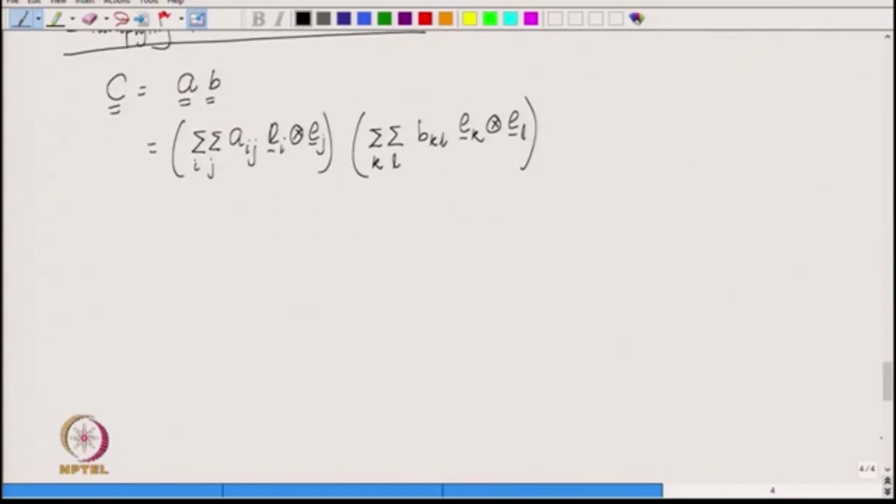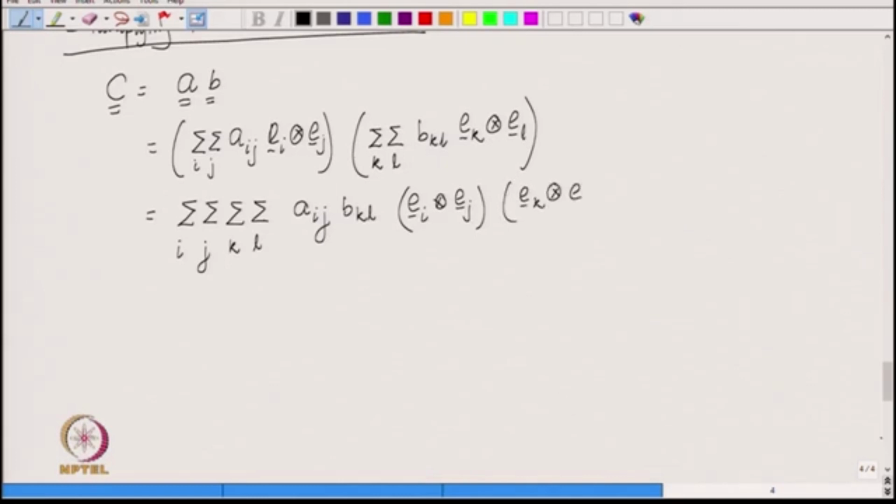So, now let us bring all the scalar things together and the vectors on the other side. So, we have 4 summations i, j, k, l of A_ij B_kl, right, e_i tensor product e_j multiplied with e_k tensor product e_l.